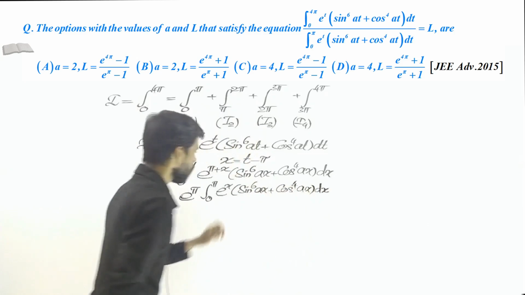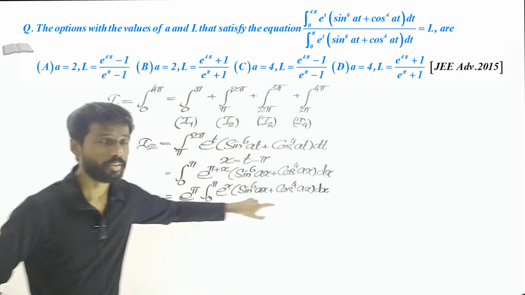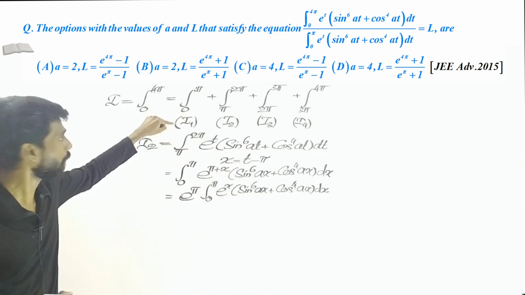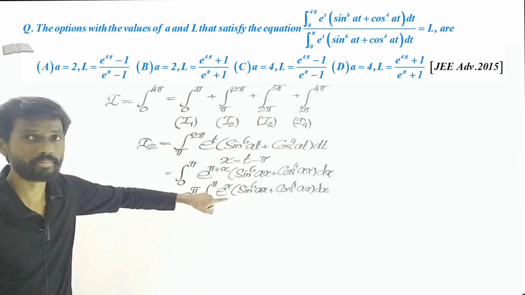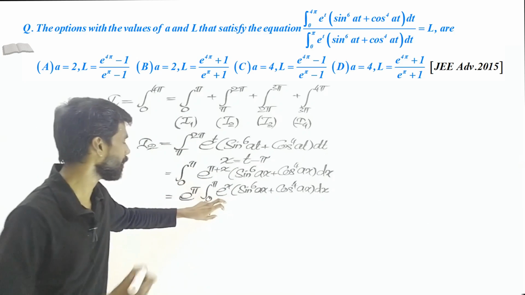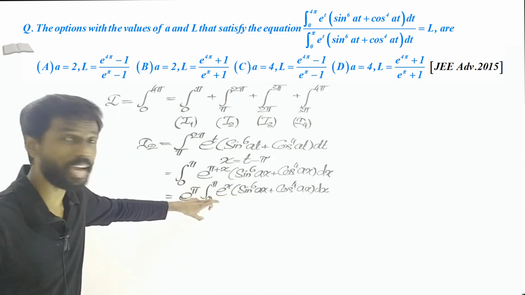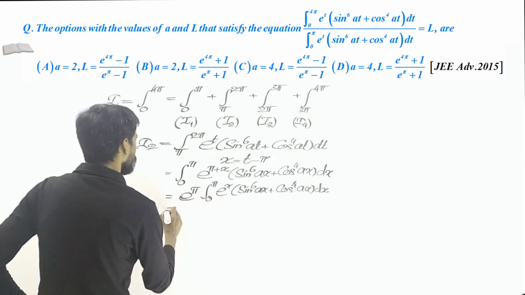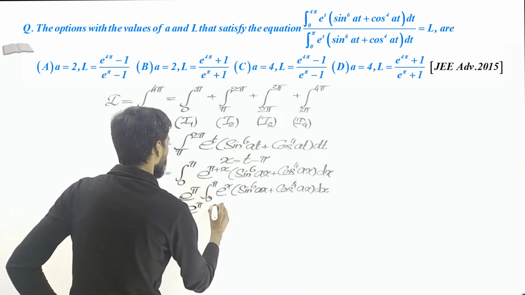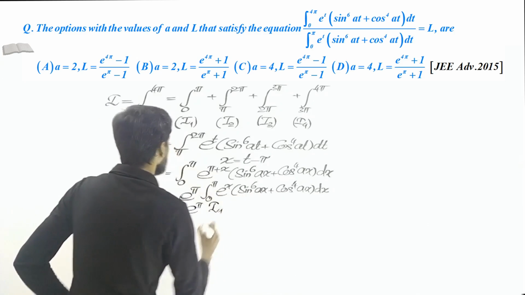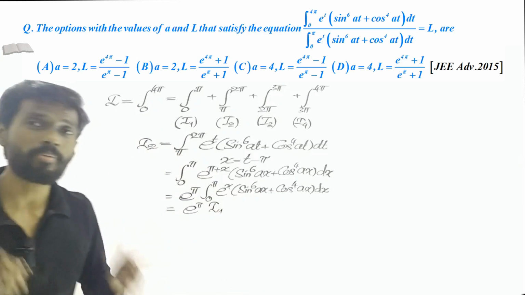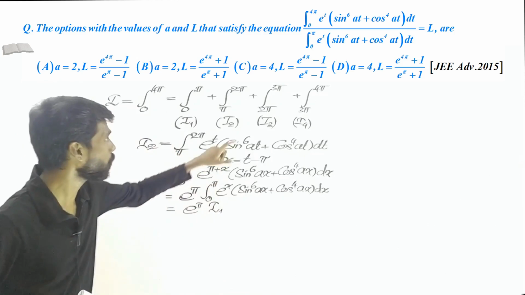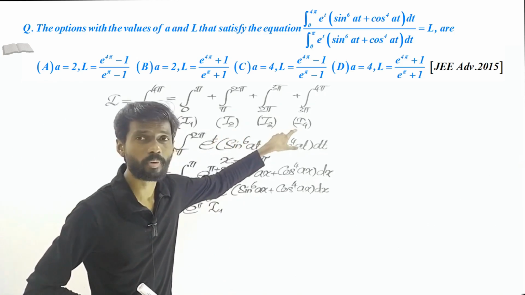Now you see, this is what we have denoted by I1, 0 to pi, the same function. Whether we use t or x doesn't matter, because it is a definite integral. So this is I1. That means we have got I2 in terms of I1: I2 equals e to the power pi times I1. Done. Similarly, we have to find I3 and I4 by the same method.